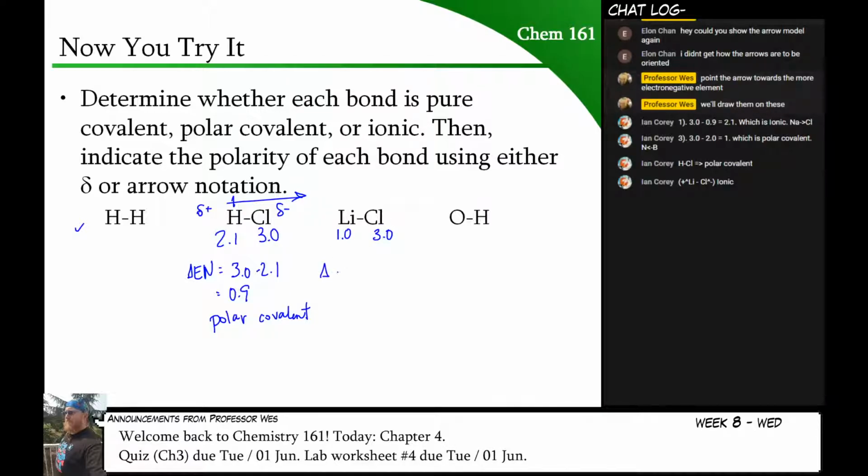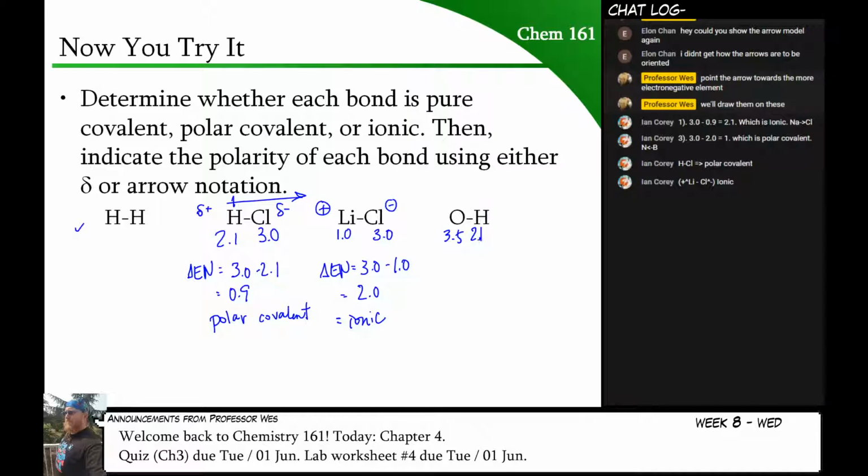For lithium and chlorine, that's ionic, so we would do this. Oops.